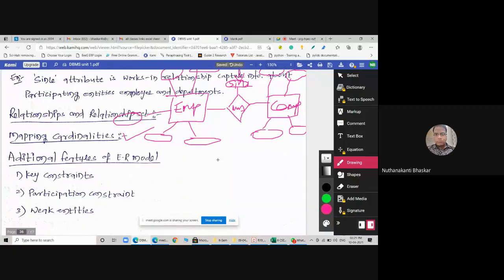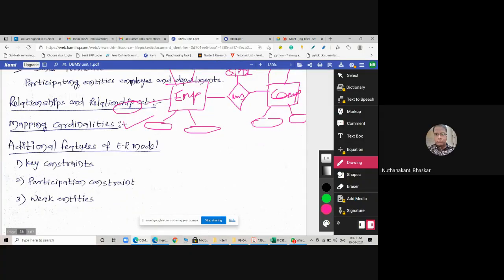What are the mapping cardinalities? One to one, one to many, many to one, many to many. Very good. Four mapping cardinalities are there. We have discussed them already with examples.